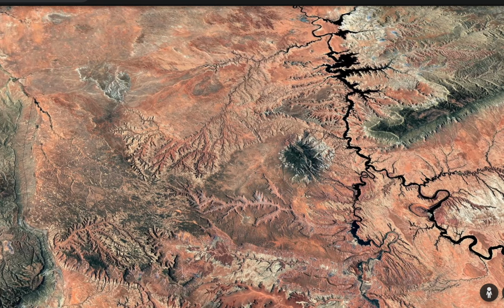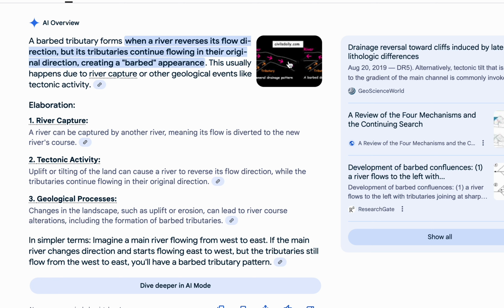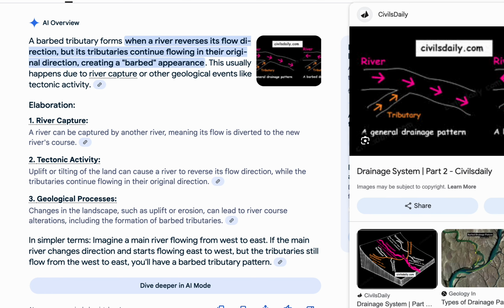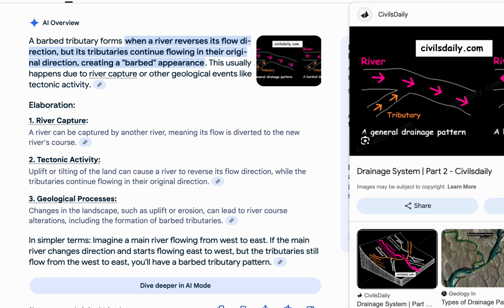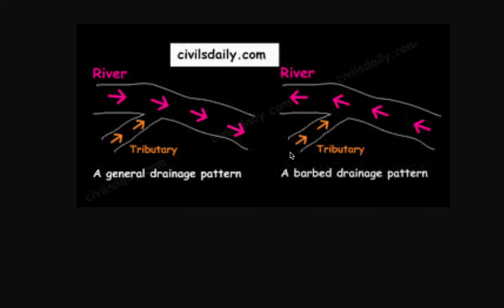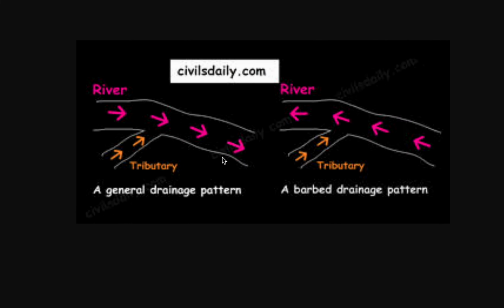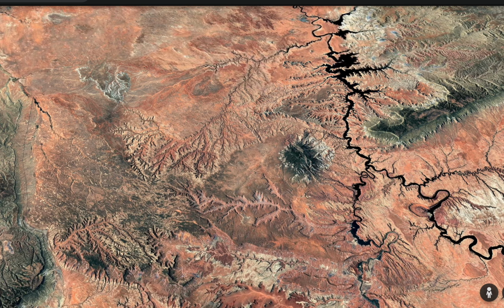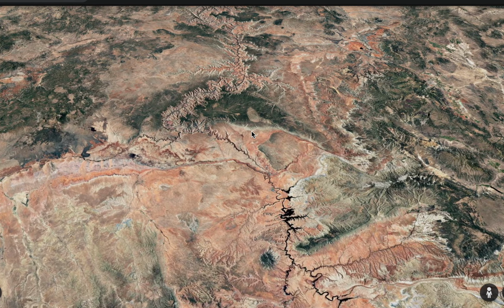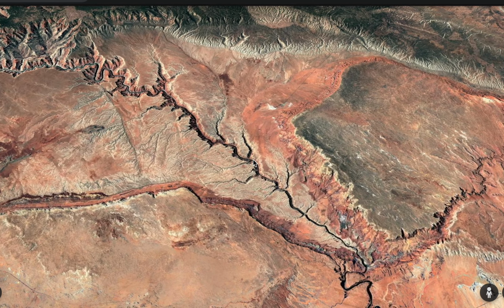Now, with this original idea, let me open this in a new tab. With this original idea of the water current reversing and the idea of the river capture, I don't understand how they think that's physically possible whatsoever, because if the tributary is uphill of the mainstream, right?